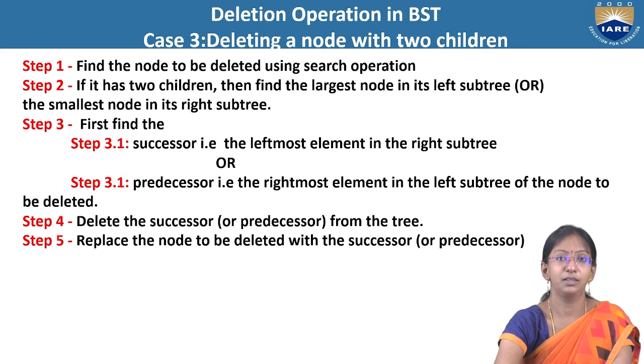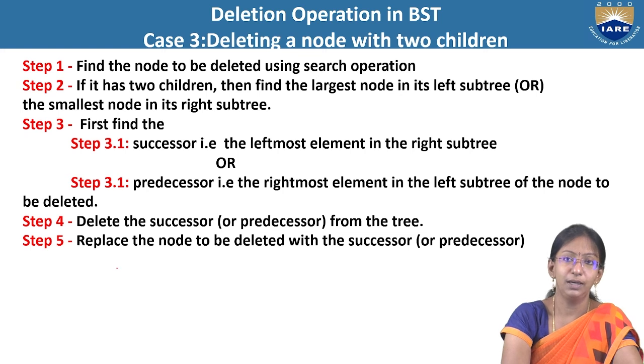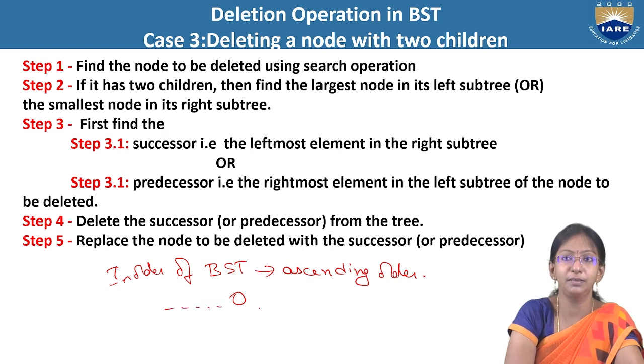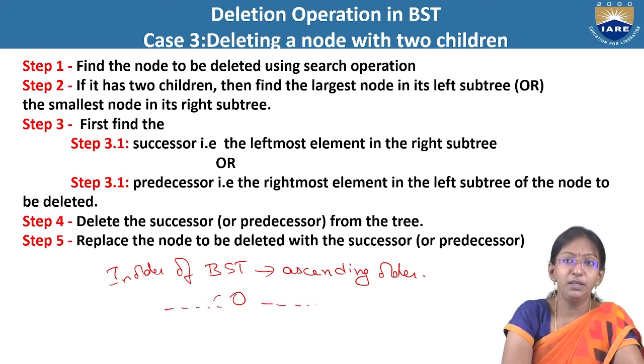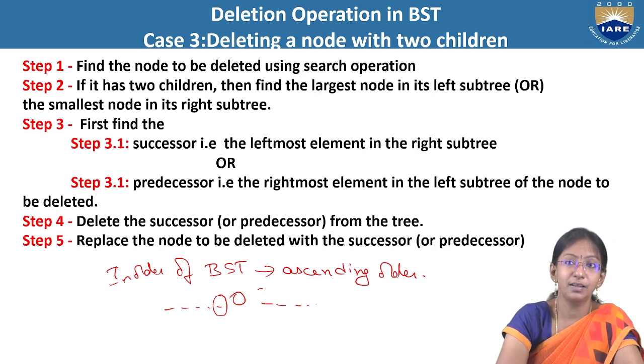Why am I talking like this, predecessor, successor words? Because we all know that the in order of BST will give you ascending order. Right? Am I right or wrong? So if you want to remove an element from a list, its predecessor is the value which is less than it within the list, just a step left to it, and its successor will be the element which is higher than it and which is next to it, right?